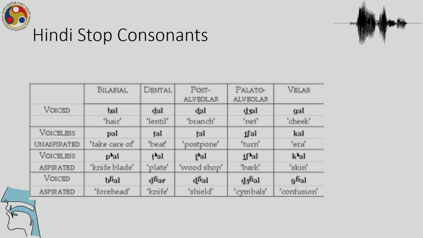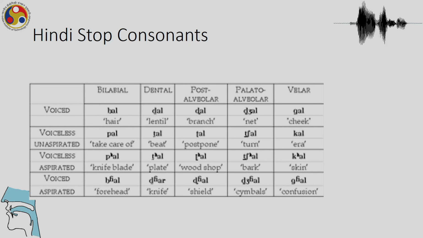There are various languages of the world which have different voicing and different manners of articulation, and for instance, I would like to draw your attention to Hindi stop consonants. Now let us look at these Hindi stop consonants.